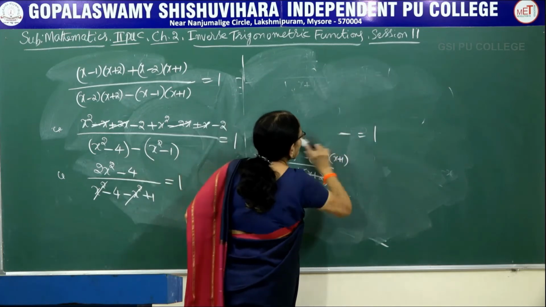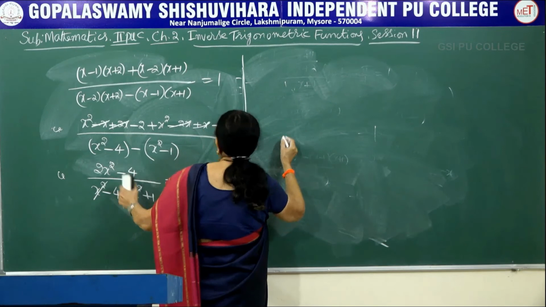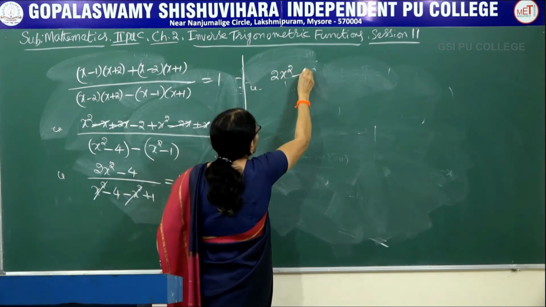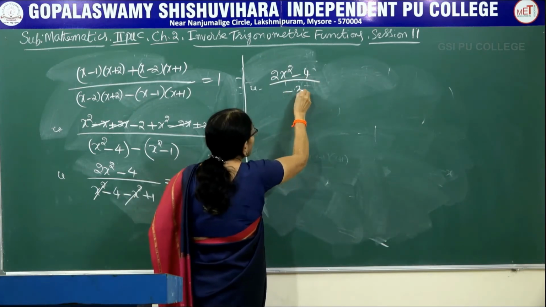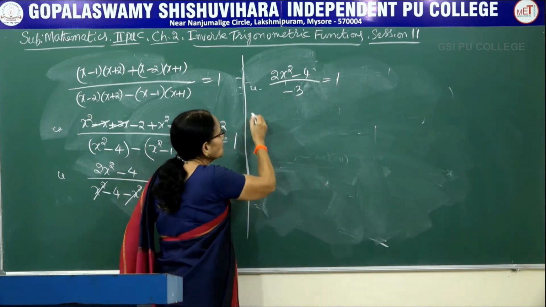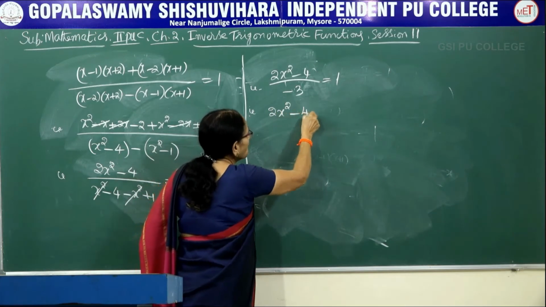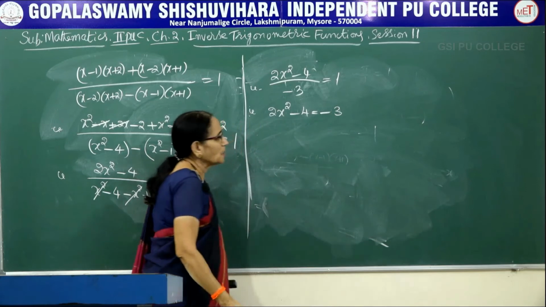Now finally we can get the value of the unknown quantity x. The numerator is 2x² − 4. The denominator, minus 4 plus 1, is minus 3, and that is equal to 1. Now let me cross multiply. 2x² − 4 is minus 3 into 1, that is minus 3.